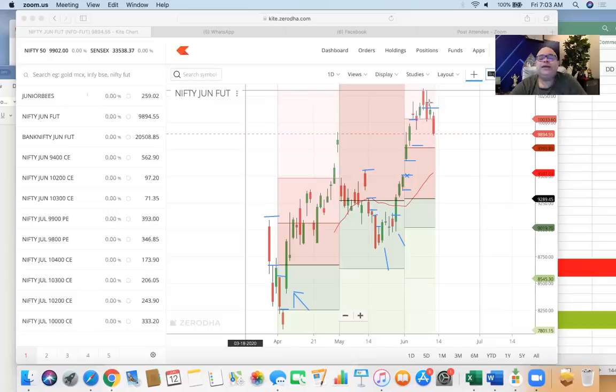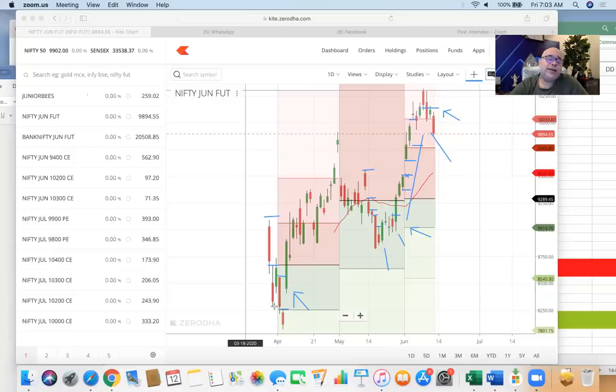So the best way of getting onto trades is that when you get your second sell or the second buy, that is where you start building up your positions on the option, and then you are able to get into these large swings. Okay, so that basically is a nice strategy.